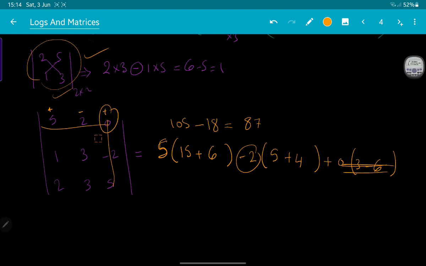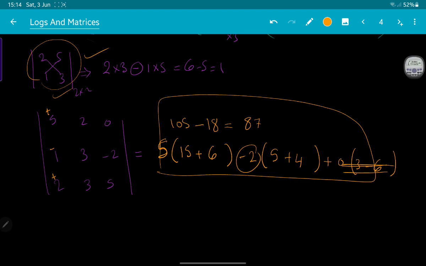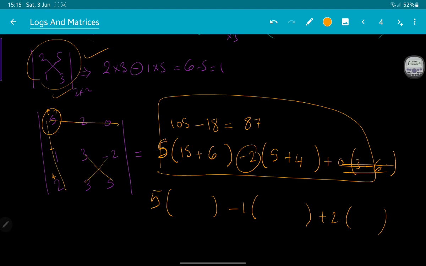In the beginning I told you that you can choose whatever row or column you need. Let's try, for example, the first column. This is positive, negative, positive. Will it give us the same answer? Let's try. 5, minus 1 here, and plus 2. 5 multiplied, it's 15 minus positive 6.